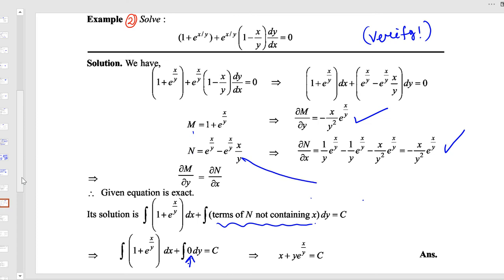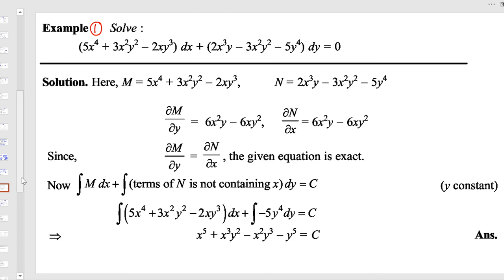Here we have only two terms, and both the terms have x variable. But in the previous example, there are three components, and in this component we do not have x. So that is why we have taken this one.